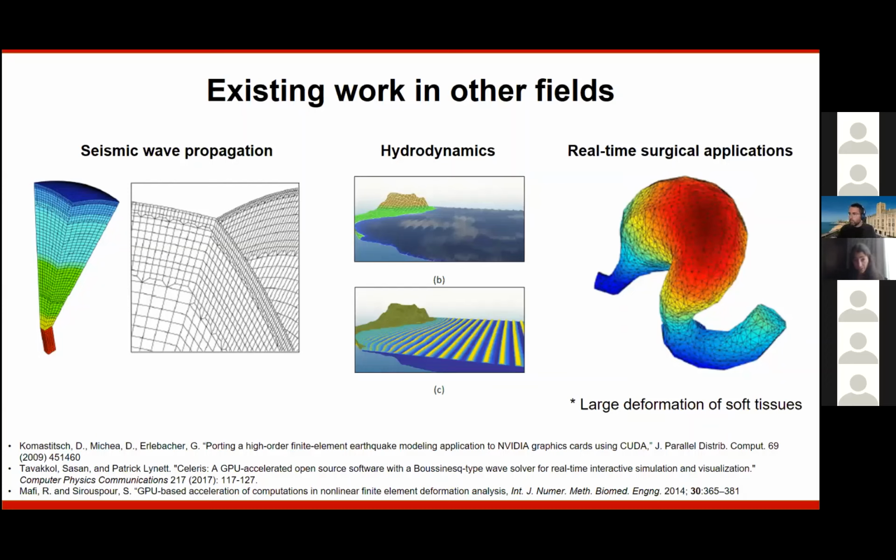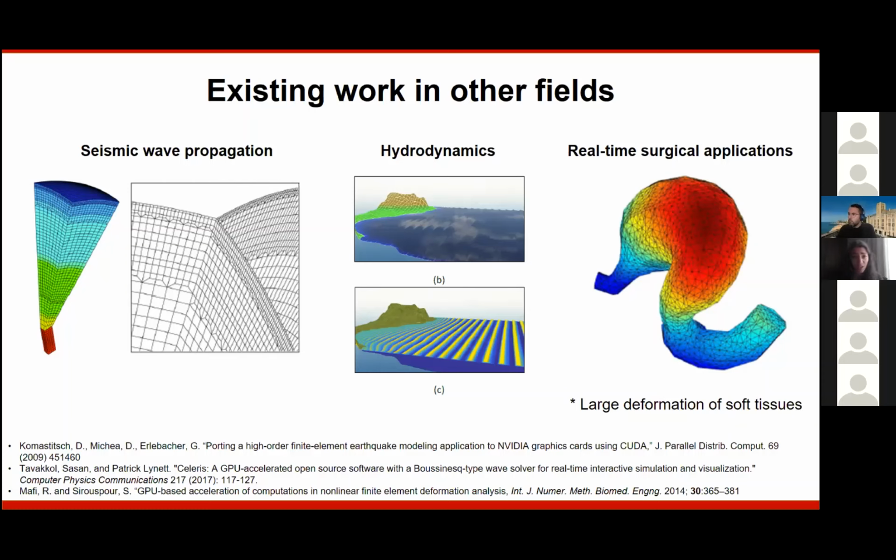Now, the issue with this is if we look at these applications in other fields, and then if we want to apply it to, say, the typical hybrid simulation problem, or the traditional one, which is mostly earthquake engineering, structural applications, these three don't really have the same problems that we might see in a structural or solid mechanics approach. And the reason for that is if we look at seismic wave propagation, you're having a lot of elements, they're all the same.